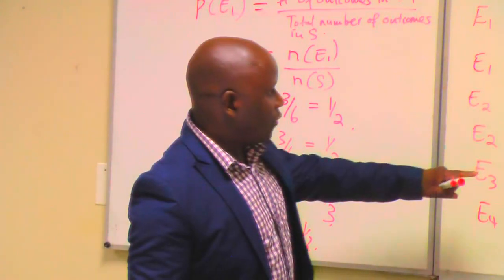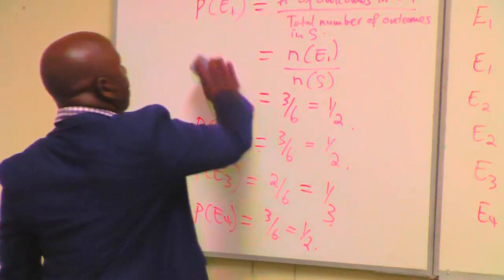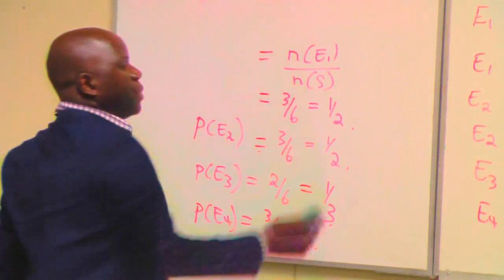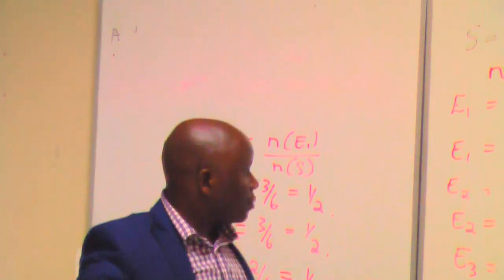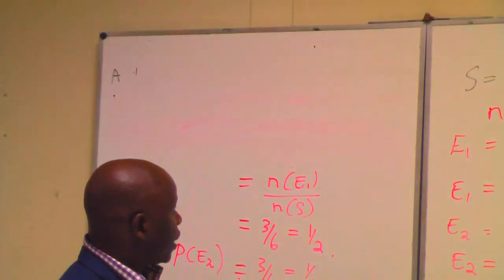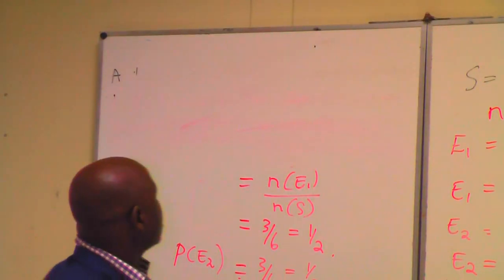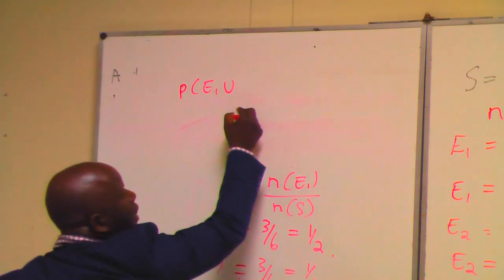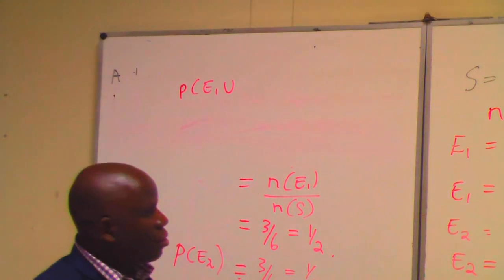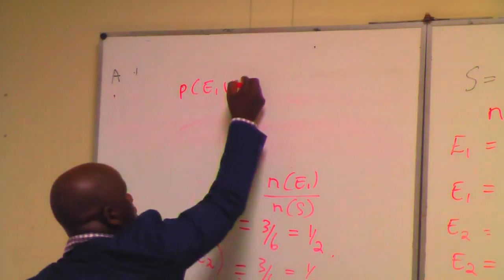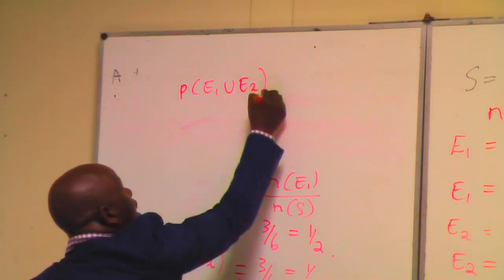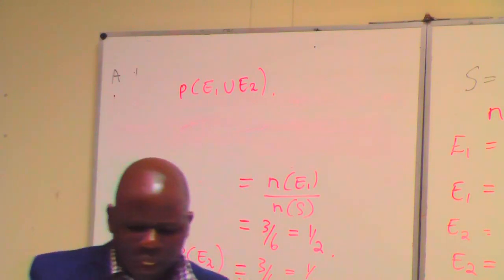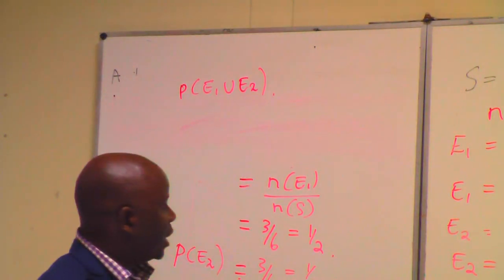So which events are we trying to unite here? I will clean here to illustrate this part. Probability of getting an even number is E1. So we want the probability of E1 union, or a number less than 4, E2. E1 union E2. So how do you find that probability?